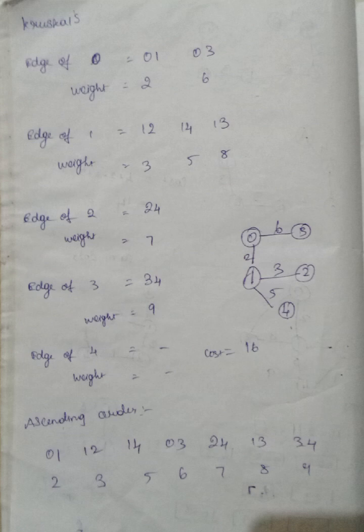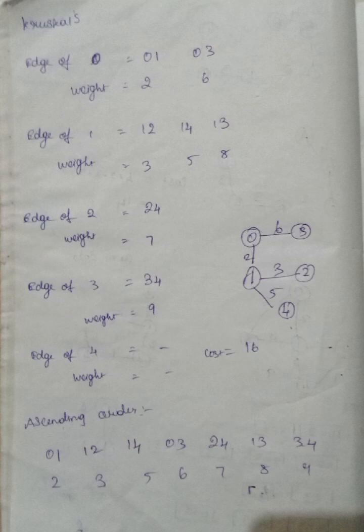and 2, 4. If we connect 2, 4 it will form a cycle, so it is not taken in the Kruskal algorithm because a cycle is formed. And 1, 3: if you draw 1, 3 a cycle will be formed between 0, 1, 3, so we do not take 1, 3.